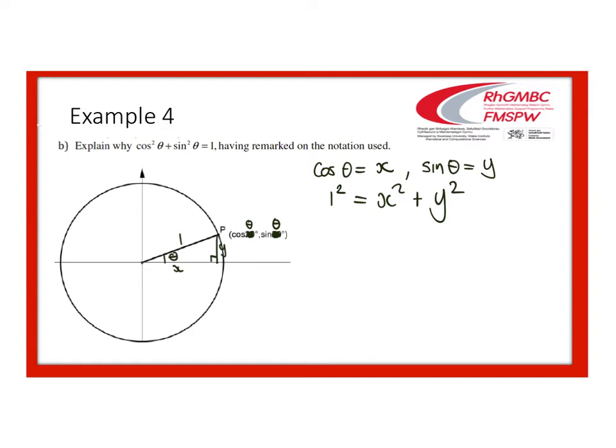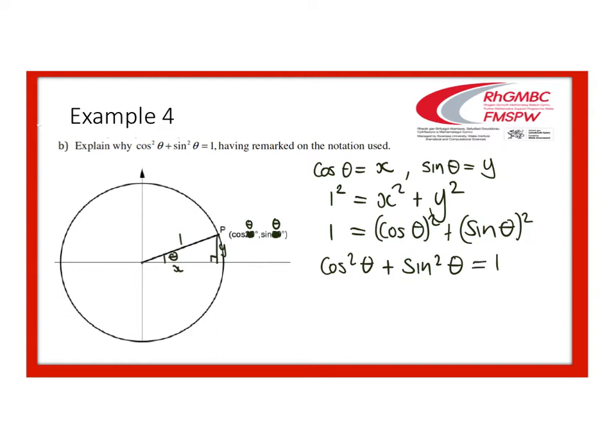Or in other words, 1 is equal to cos theta squared plus sine theta squared. And of course the neat and tidy way to write this, to avoid ambiguity, is to put the squared index on the trigonometric function before the theta. That's just equal to 1, as we have been asked to do.